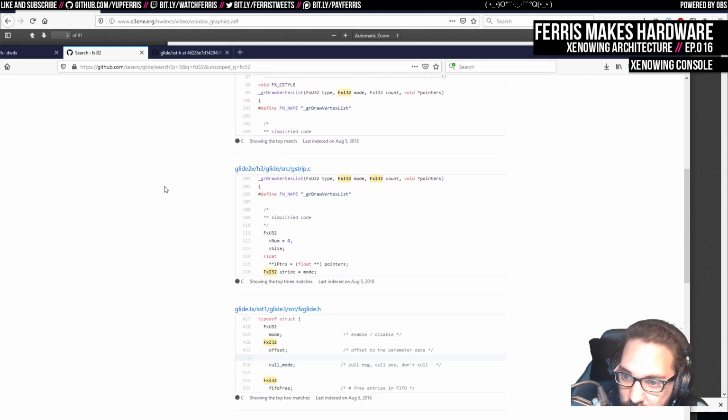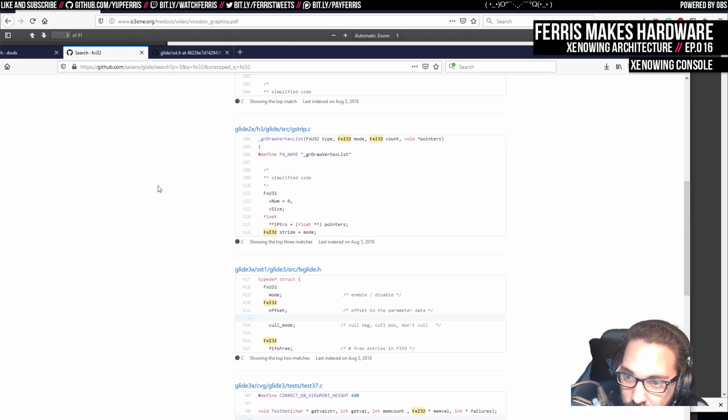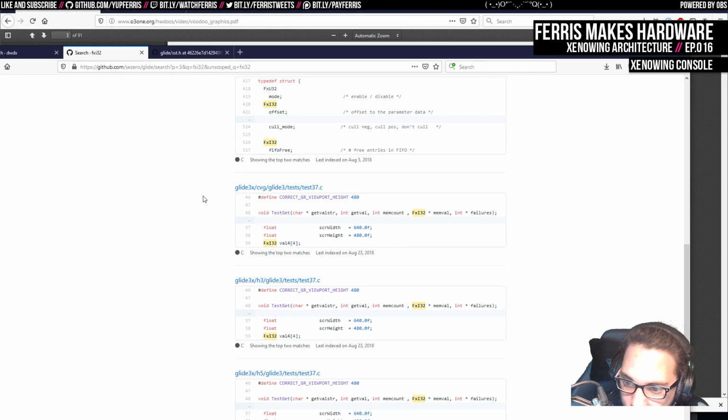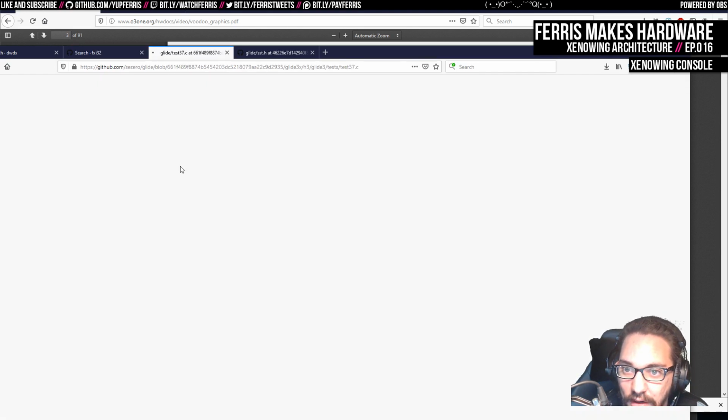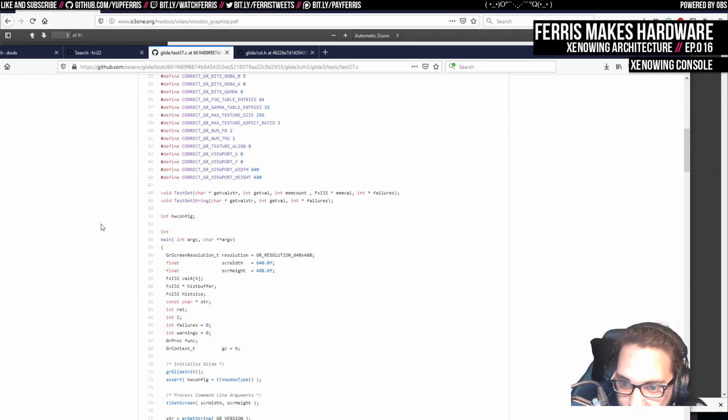This might not have been what we wanted here. Draw vertex list. Let's see what some of these tests call, right? And then we can figure that out.